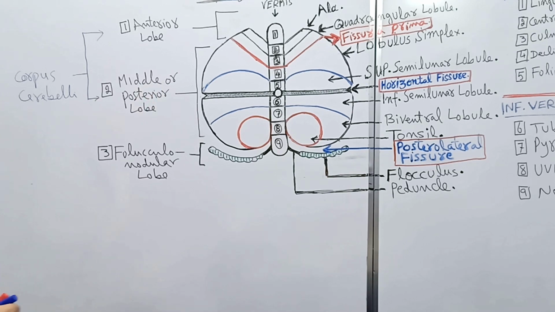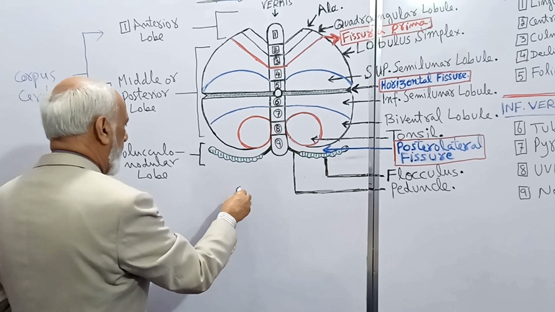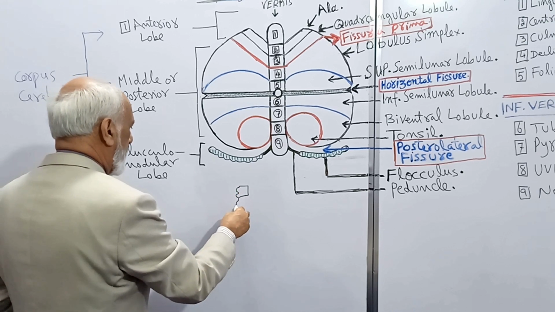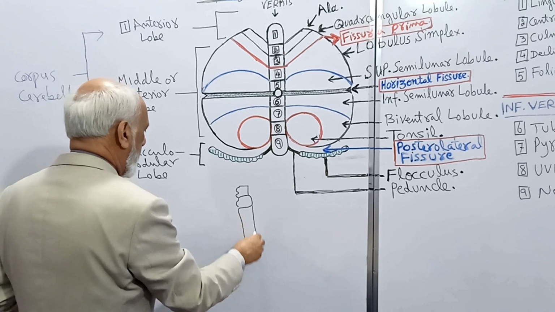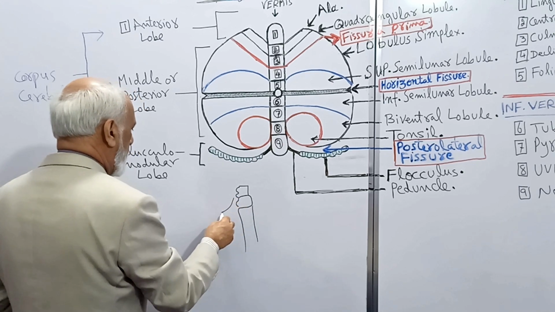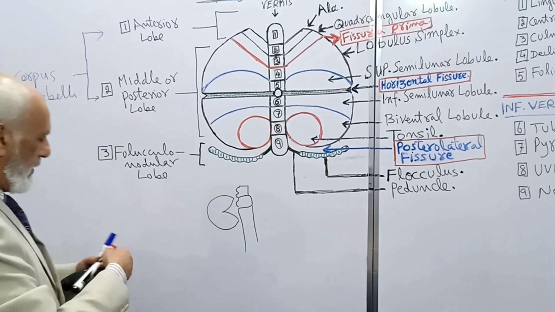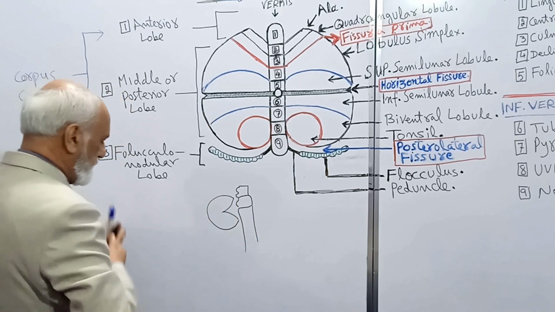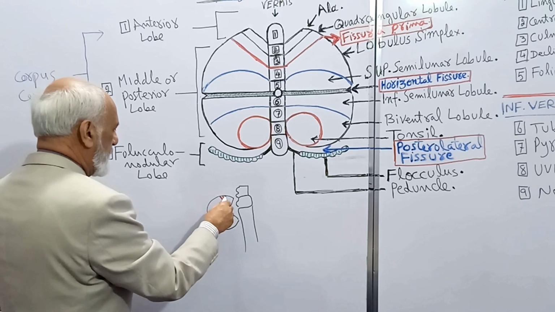For example, suppose this is a lateral view of the midbrain, then pons and medulla oblongata, then behind the pons and medulla oblongata is the cerebellum. So you can see in the lateral view, this is the anterior lobe.